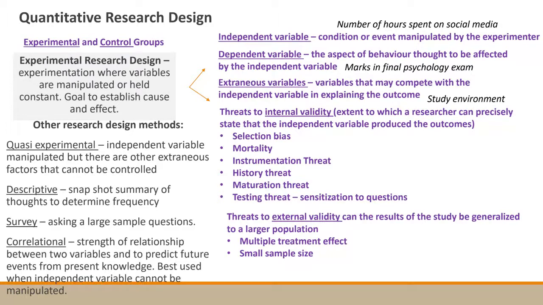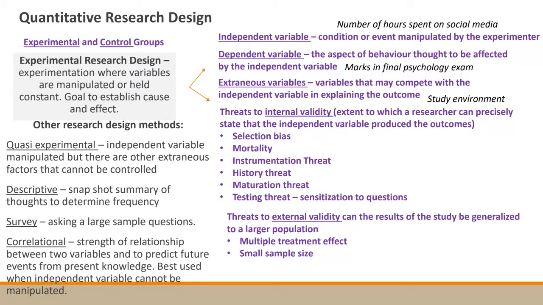He can manipulate that. That's the independent variable. The dependent variable is the aspect of behavior thought to be affected by the independent variable. So that would be the marks in the final psychology exam. Your dependent variable depends on your independent variable, and we can manipulate that independent variable.